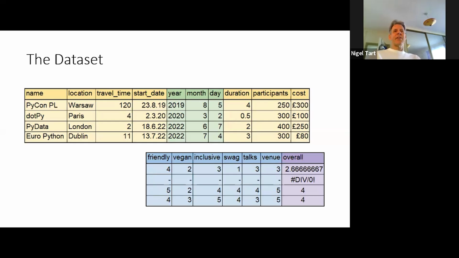And then #DIV/0, that's an error, can't divide by zero. Anyway, there was an error. Oh yeah, because I put the dash to show there was no data. So it tried to count the number of values, and there were zero values, so it couldn't divide by zero. But good detective work there.